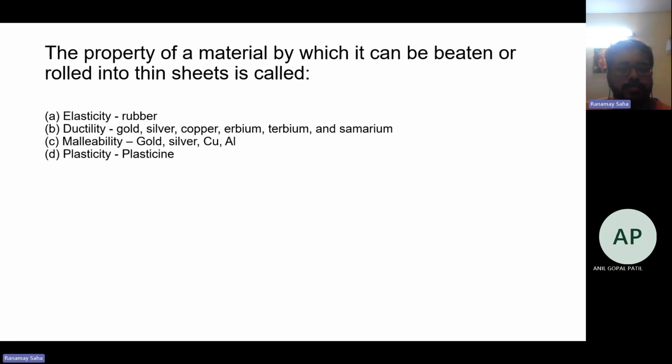Now there is one question: the property of a material by which it can be beaten or rolled into thin sheets, a lot of you know, is called malleability. But the question is the difference between ductility and malleability. Elasticity and plasticity you all know by now. Ductile materials can be drawn into wires.